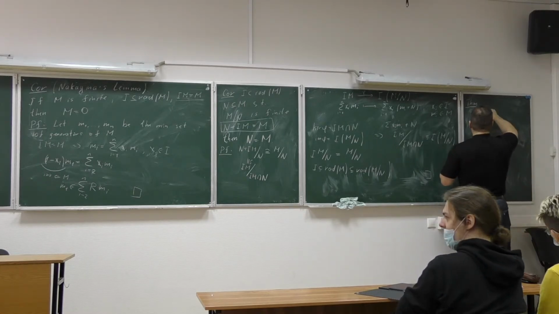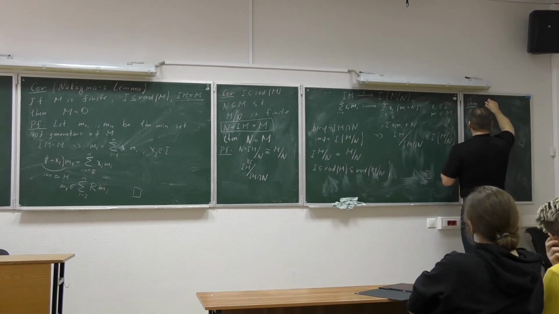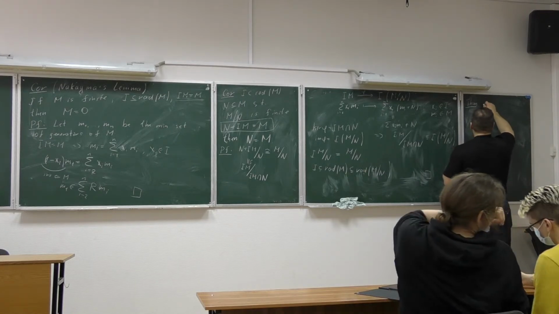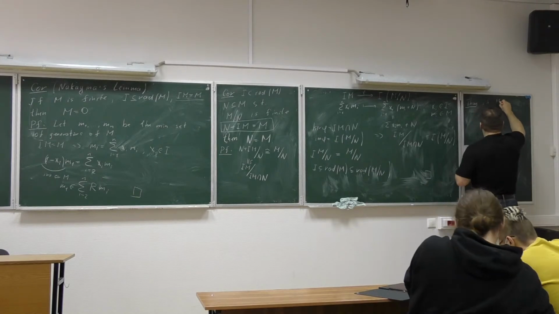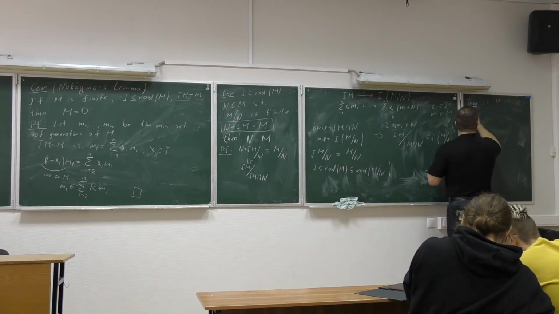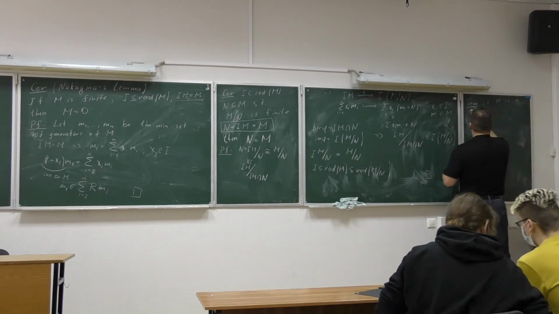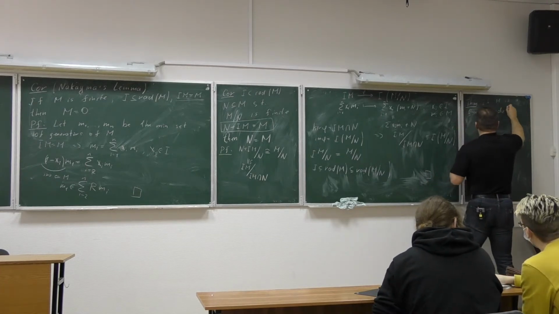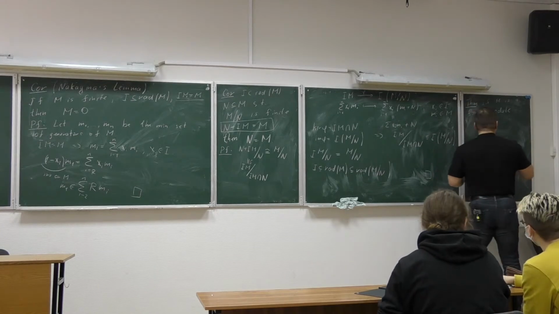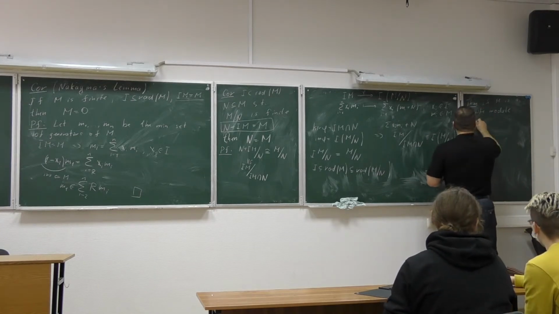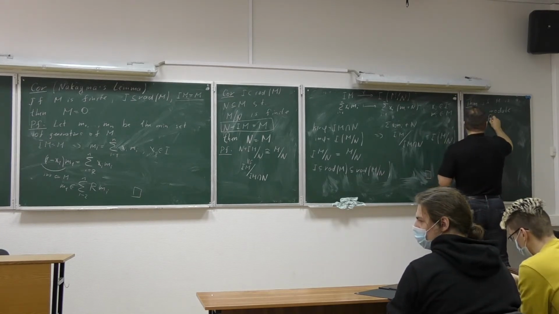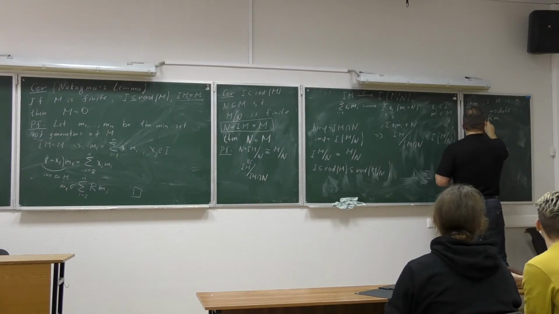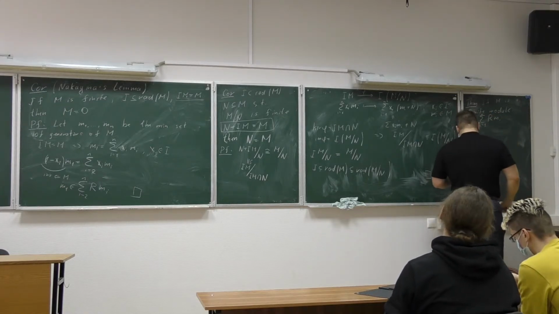So let's recall the Cayley-Hamilton theorem. It says the following: if M is a finite module, suppose that M is generated by some elements, which we're going to call m_i.